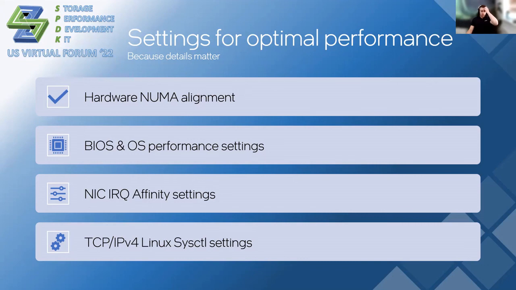Additionally, depending on the storage type tested, there might be some extra optimizations involved. And let's stick with using NVMe over Fabrics as an example.